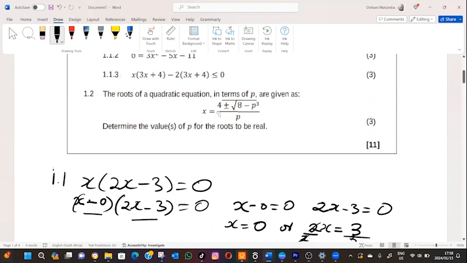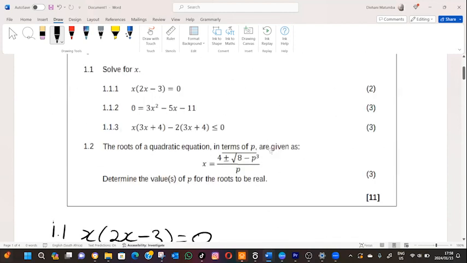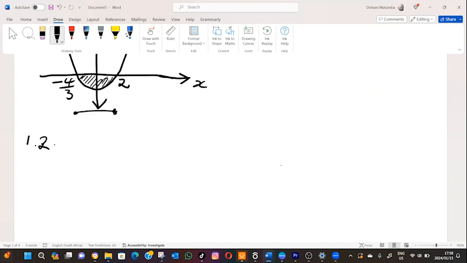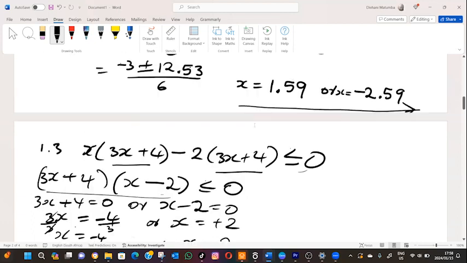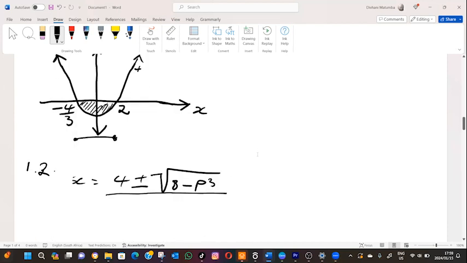So we have x equals 4 plus or minus the square root of 8 minus P3, all divided by P. Guys, don't panic.